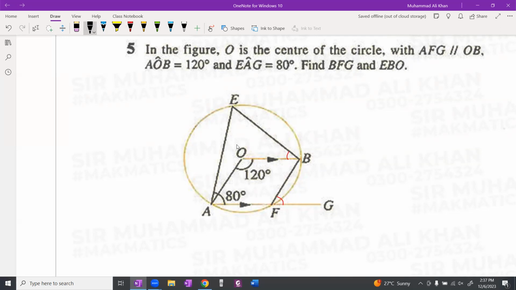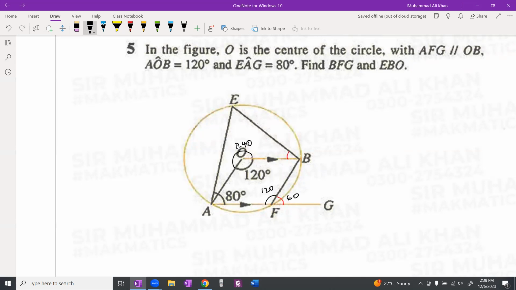If this is 120, then this angle will be 360 minus 120. So it will be 240, and half of 240 is 120. तो ये एंगल हो गया 120. If this is 120, then minus 180, this angle is of 60 degrees.